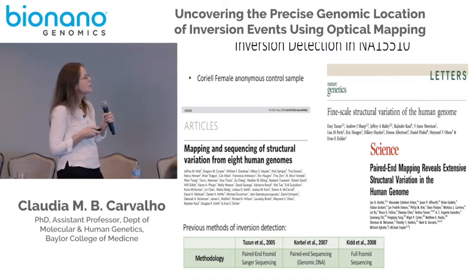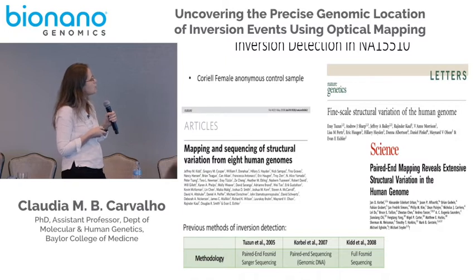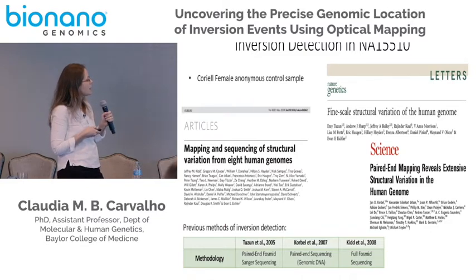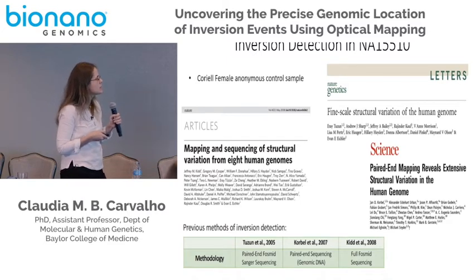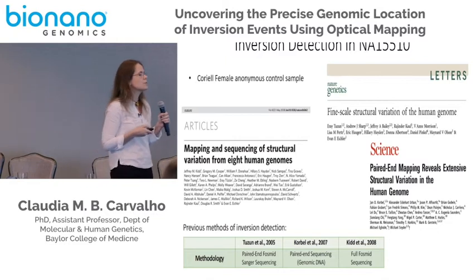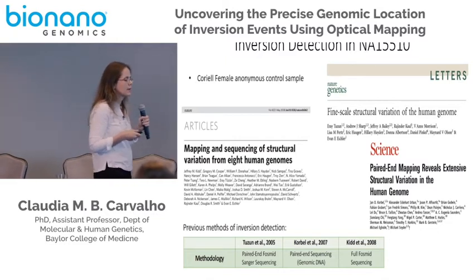NA21510 is a female sample that was studied by Tuzun in 2005 using paired-end fosmids, and by Kidd et al. in 2008 using the same fosmids, some of which they sequenced entirely, and also by Carvalho using SOLiD sequencing. So we have a very good benchmark to test optical mapping against.